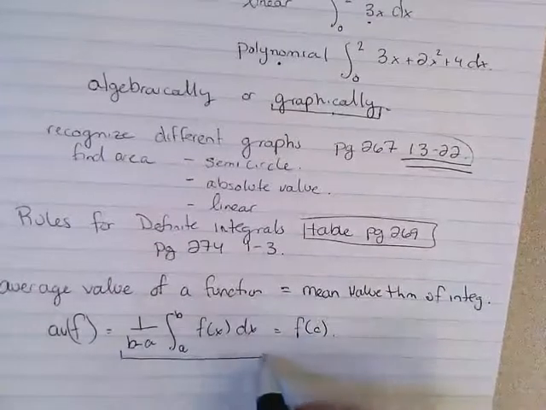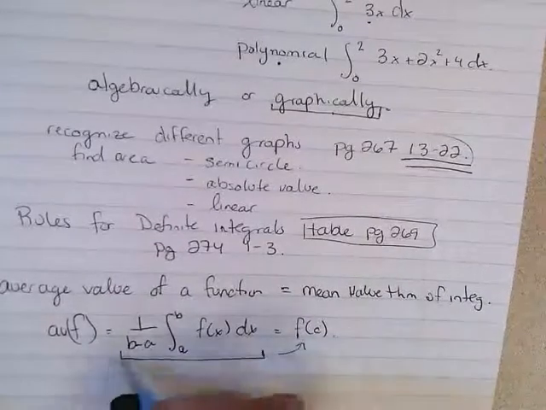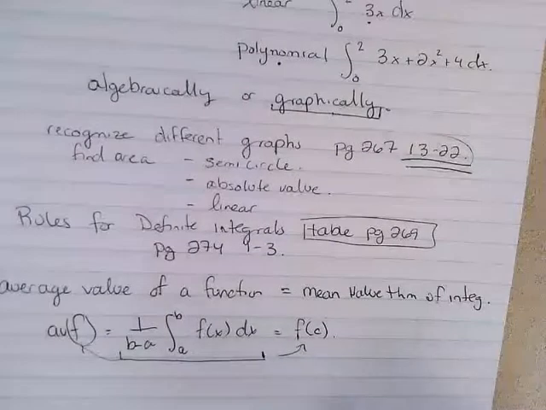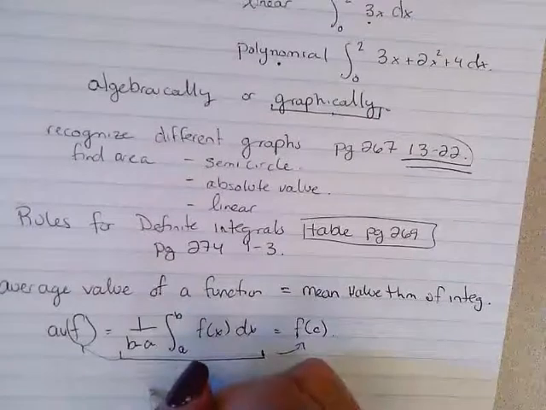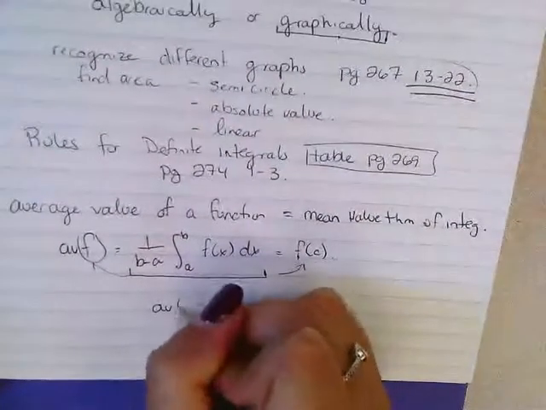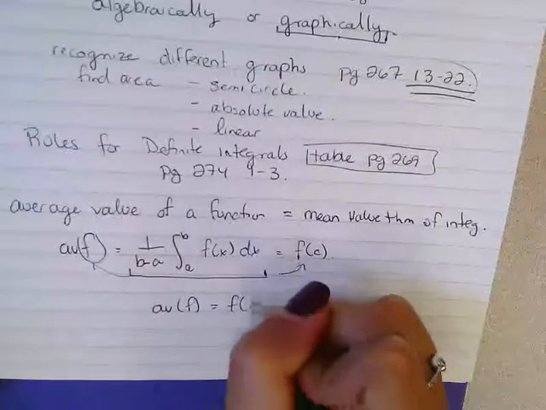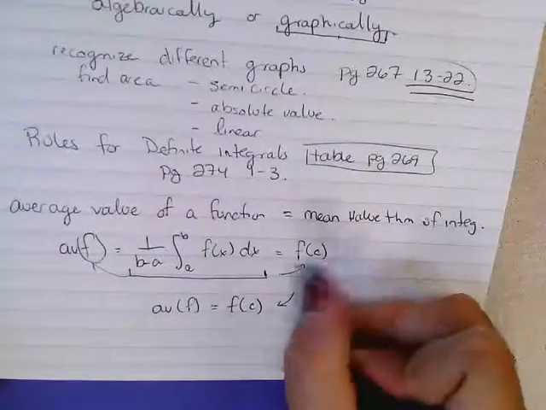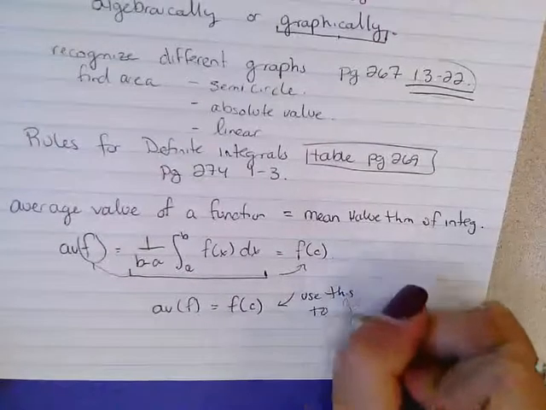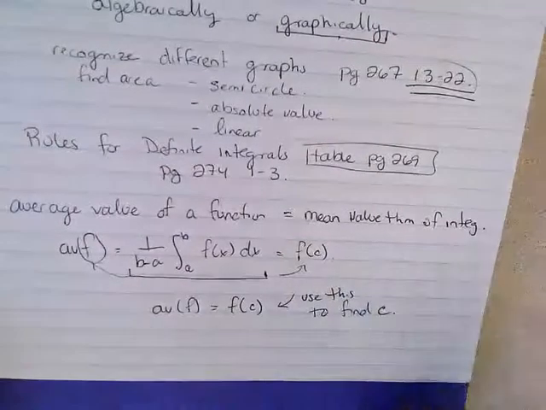So this guy right here can be written for this or this. Okay? So remember that the average value of a function is equal to f of c, and then you can use this to find c.